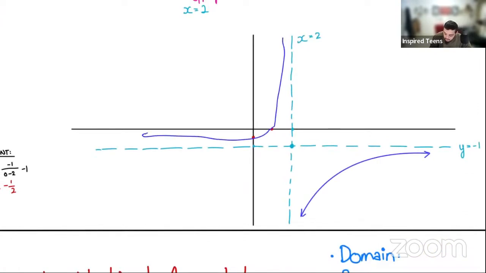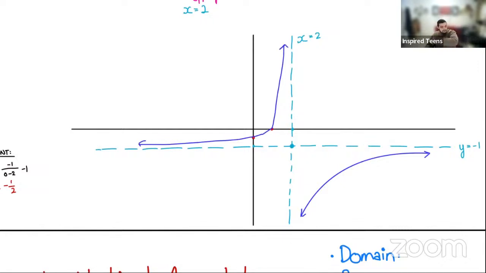Let's see if it'll auto draw through them. No, it won't. Okay, it's fine. We'll just freehand it. It would look something like this. It doesn't have to be perfect, but just make sure that your line is not touching the asymptotes, but it looks like it's going towards them. Obviously, it's probably not drawn to perfect scale, that's why it doesn't look perfect.